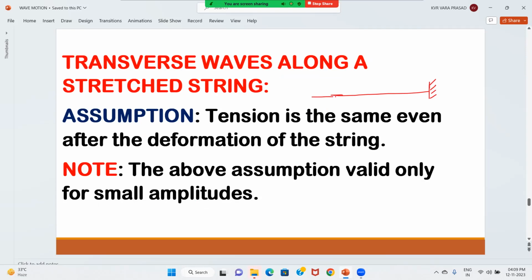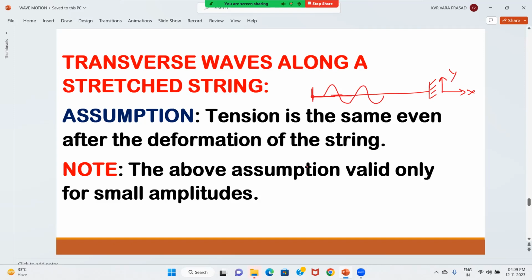Let us say we are oscillating the other end up and down while keeping the string tight. Then energy propagates along the string, and the string shape becomes like this. That means oscillations are along the y-axis. Let us take the string along the x-axis and oscillations along the y-axis.